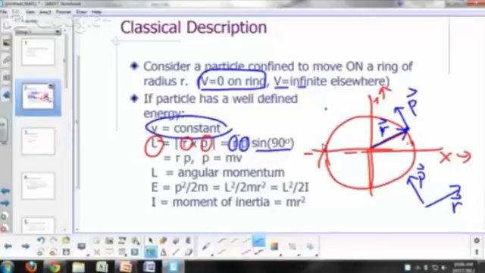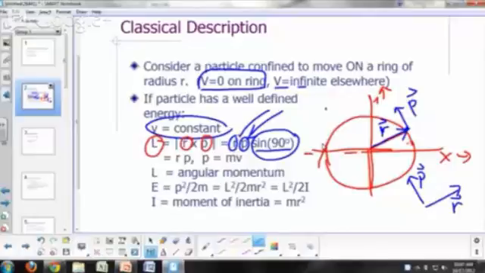Okay, so the angular momentum vector is a vector whose magnitude is equal to the magnitude of the r vector times the magnitude of the p vector times the sine of the angle between the two vectors. So how do you measure that angle?